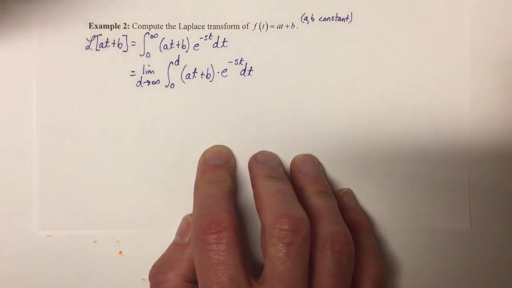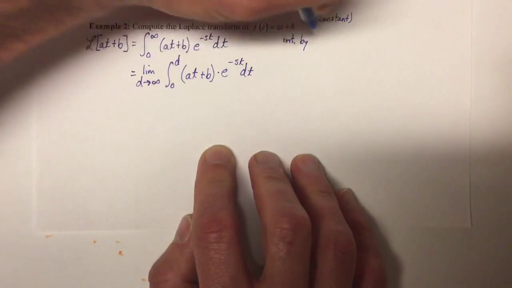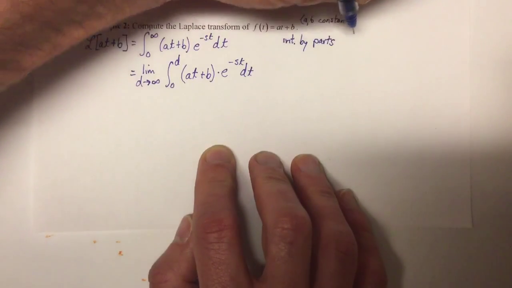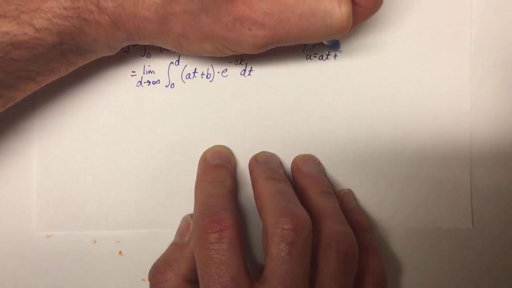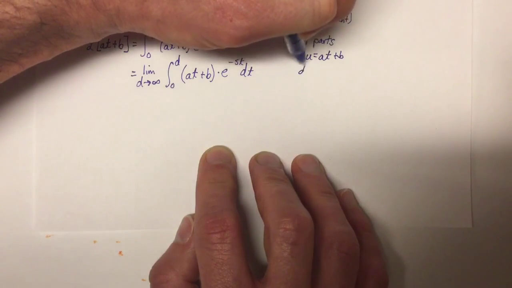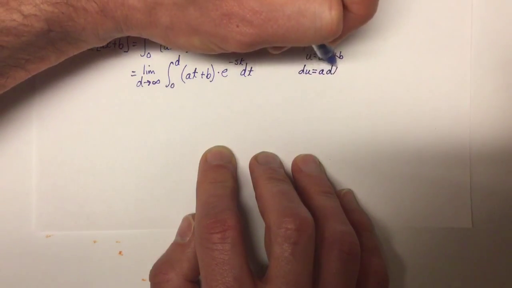Now for this one we're going to need to integrate by parts. We can choose u equal to at plus b, which then will mean that du is just a dt.